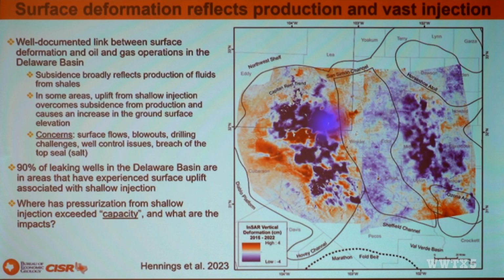So here is the Delaware Basin. In deep purple, you have the land sinking by 4 centimeters. Same thing in the Midland Basin because of the production. So much oil is being produced that you get that sinking. Except you see the anomaly here at the New Mexico-Texas state line. You have here the land surface moving up.